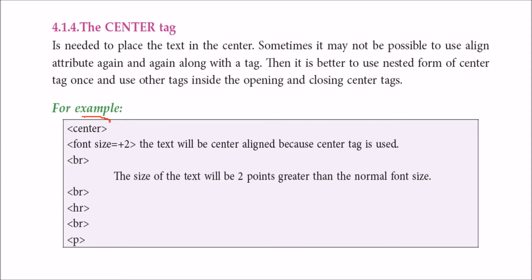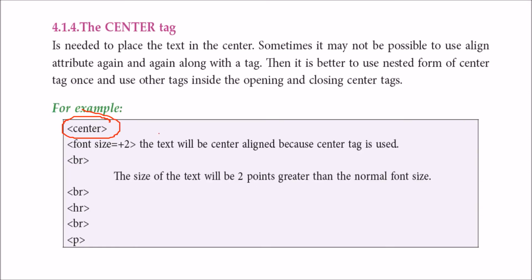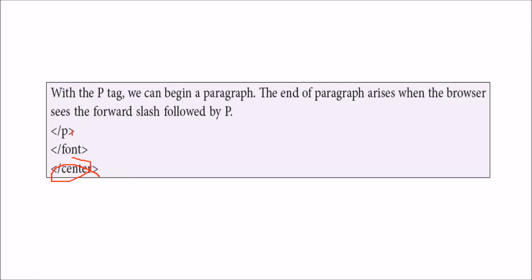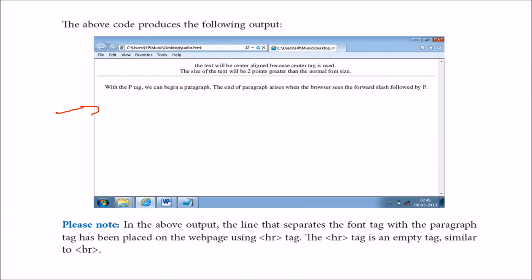Here we have started with center and ended with center, and all the things inside will come centered, whether it be some font, some break, or some horizontal rule, which gives you a line, or a blank space or line break. This is a paragraph you have given, this is the end of paragraph, this is the end of font. As you see the result, everything is coming in centrally aligned form. This is a horizontal line, this is the BR break.